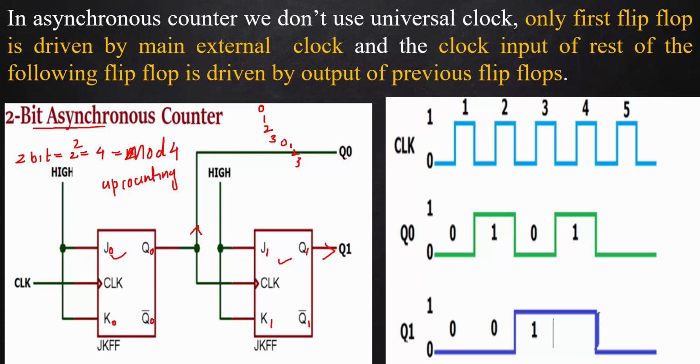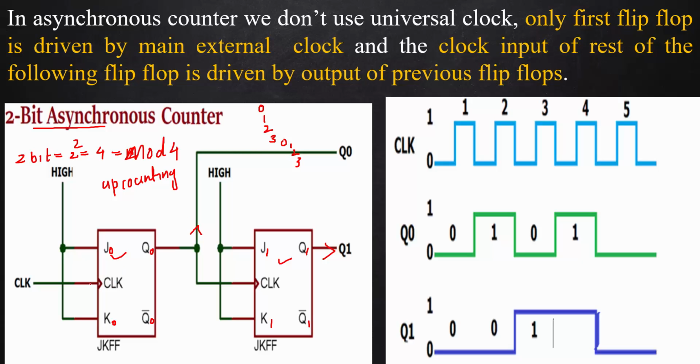Okay. So see, in an asynchronous counter, the flip-flop that is connected with the external clock pulse will always generate the least significant bit of your result. This is a property valid only in asynchronous counters, or ripple counters.